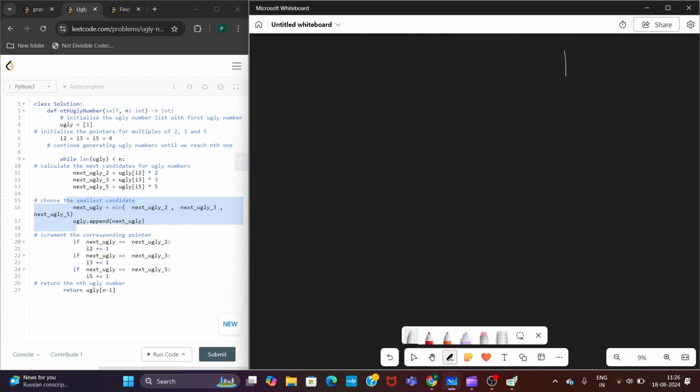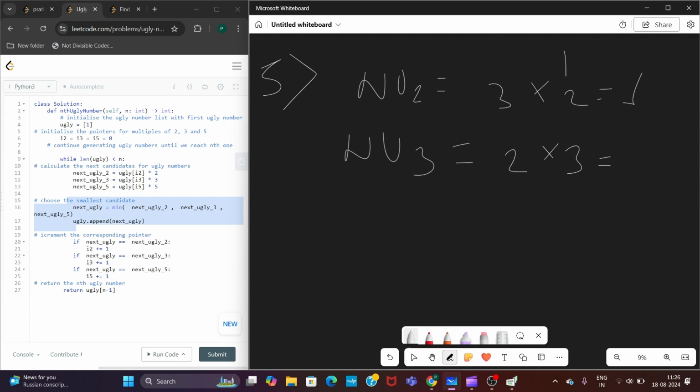Moving forward to our fifth iteration. My next ugly of 2 is 3 into 2, which is 6. Next ugly of 3 is 2 into 3, which is 6. And my next ugly of 5 is 2 into 5, which is 10.